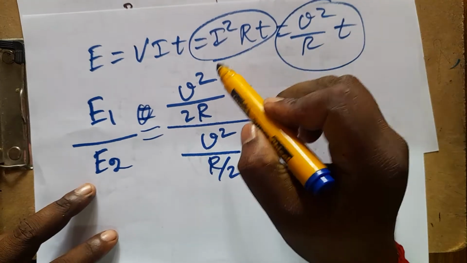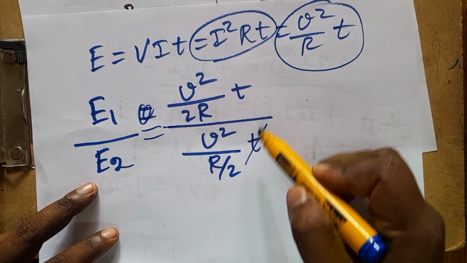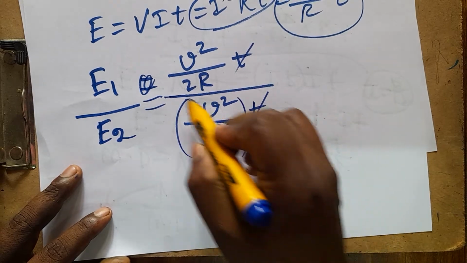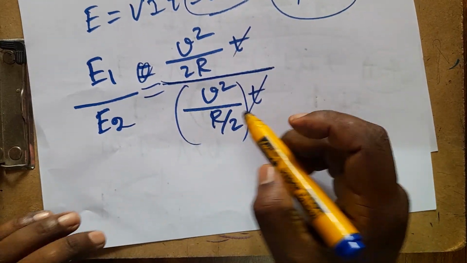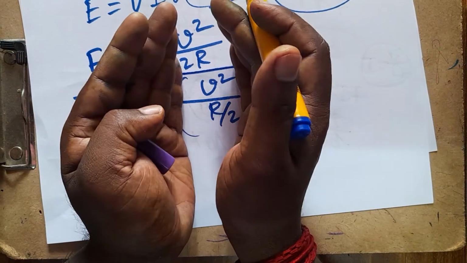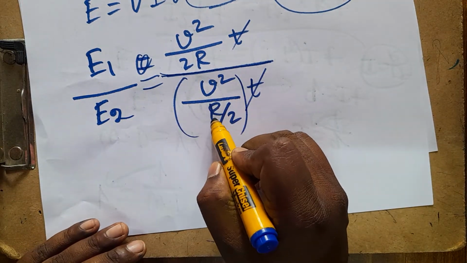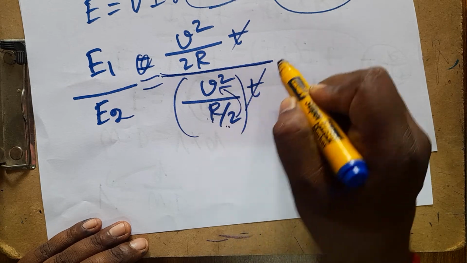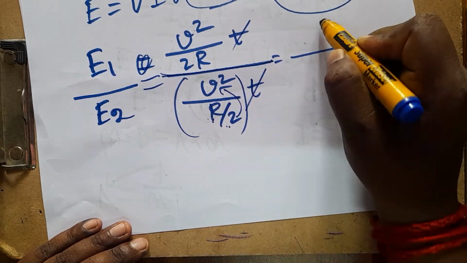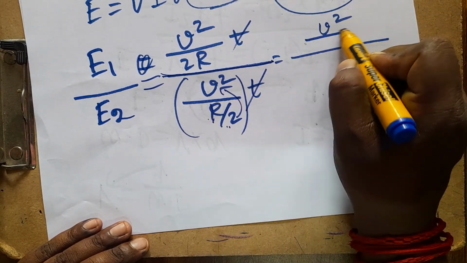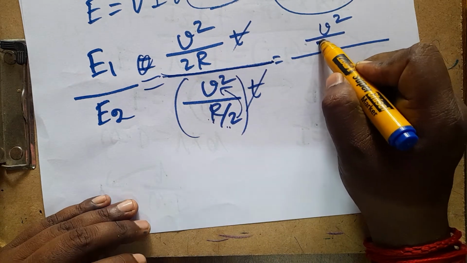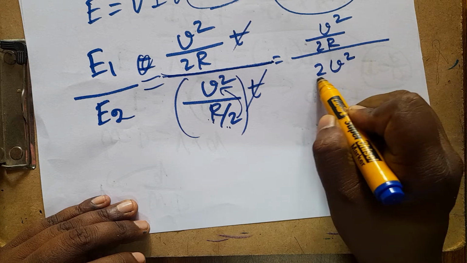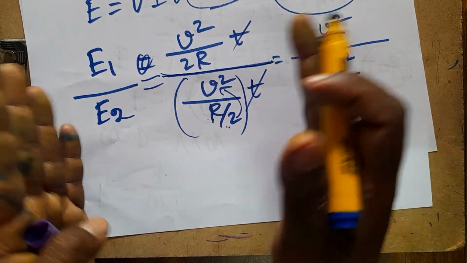Now V square and T get cancelled. Then we focus only on the denominator. First we do the denominator solution. R by 2 in the denominator goes directly to the numerator, so you have to solve this kind of confusion first. So 2 V square divided by R. T and T get cancelled.